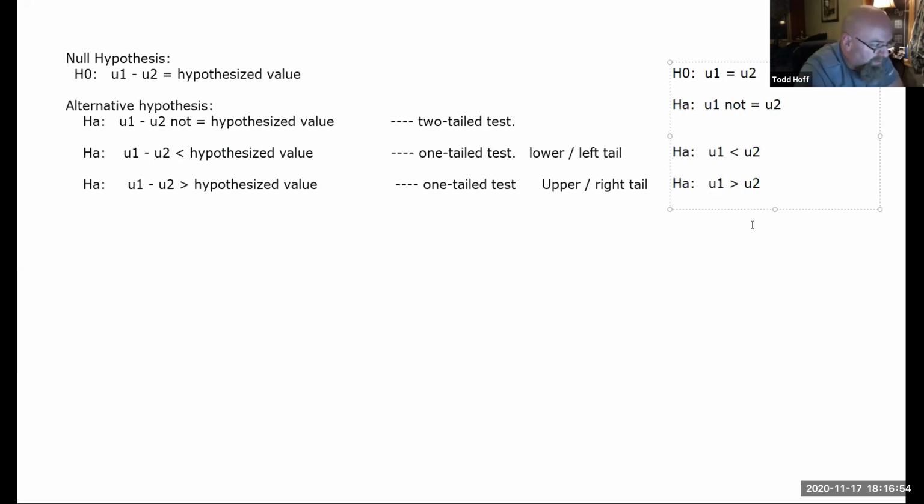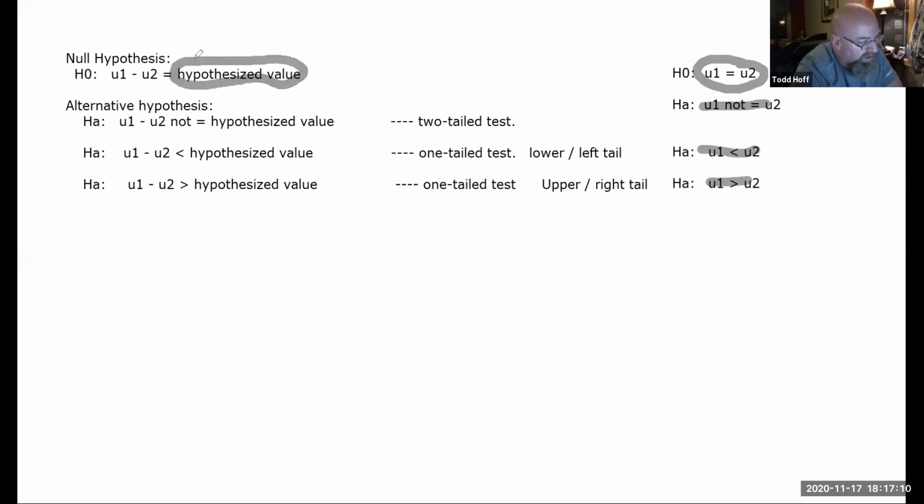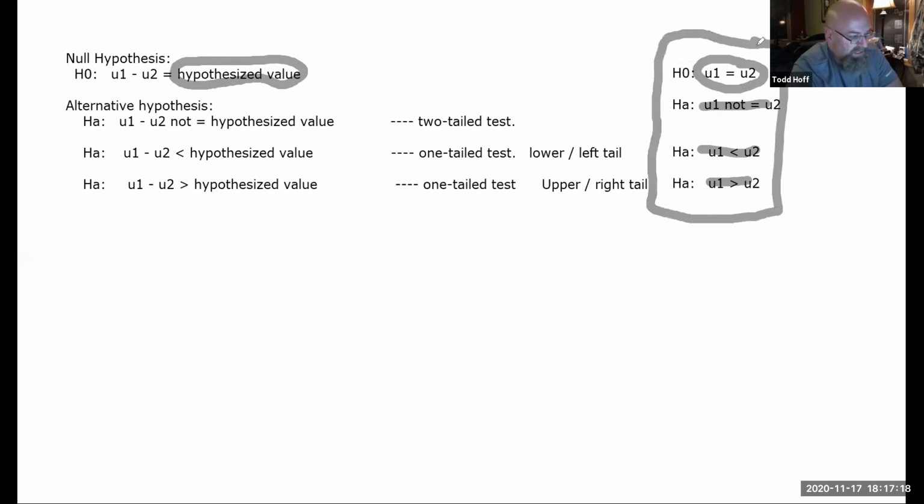Now, the problem with these is that these only work if the null hypothesis is saying they're equal. In other words, that's saying the hypothesized value of the difference equals 0, and we don't want to always do that. This is just an oversimplification of the hypotheses.